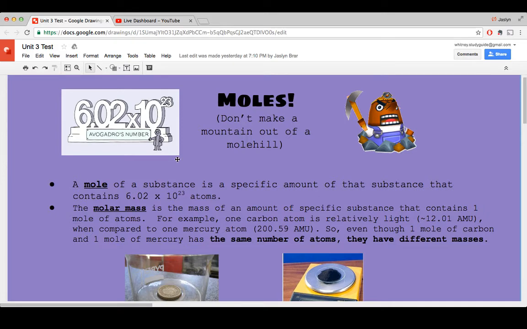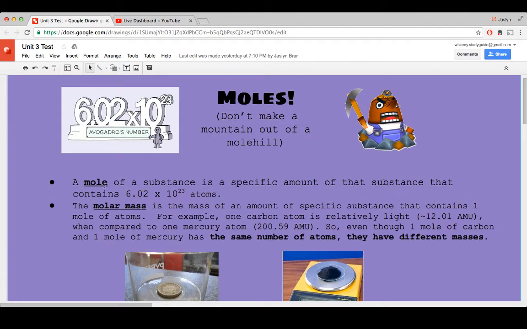So we're just going to start off with moles, and it's kind of a complex type of thing, but if you just keep calm and understand what's happening, then you should be fine.